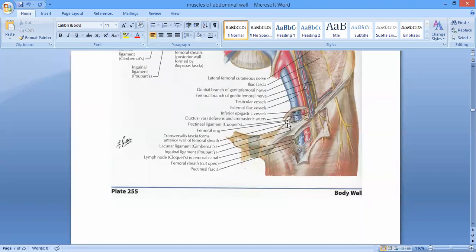It is basically represented as the thickening of the pectineal fascia in this region, which is representing the extension from the posterior part of the base of this lacunar ligament. If there is any problem, please ask. The pectineal ligament or the ligament of Cooper is the posterior extension of the base of the lacunar ligament. Is it clear?